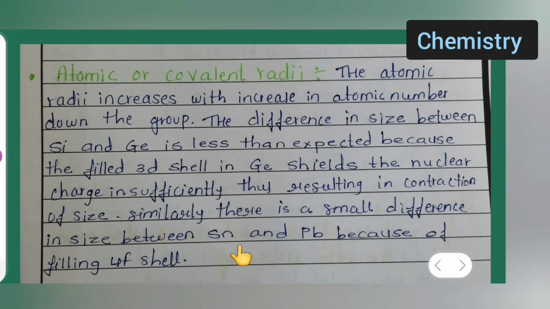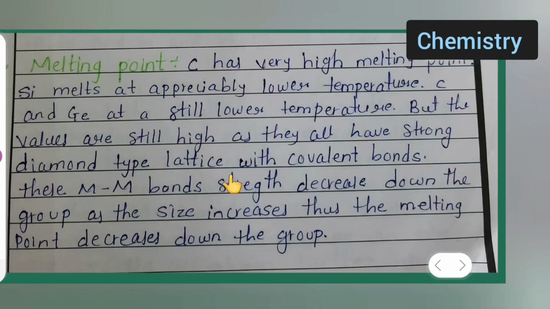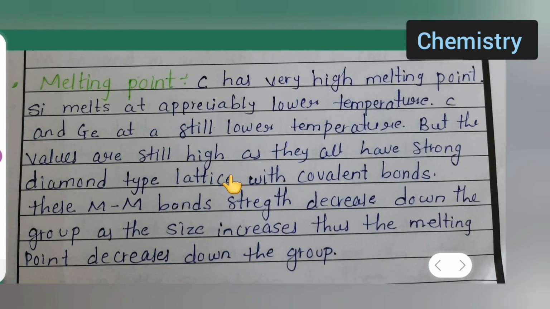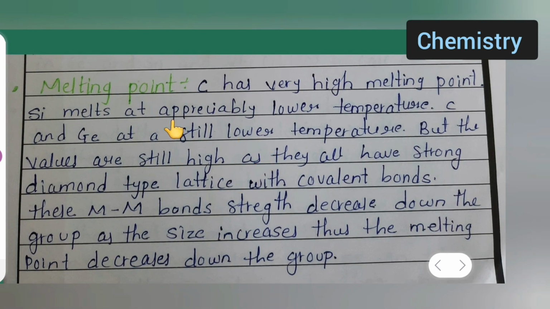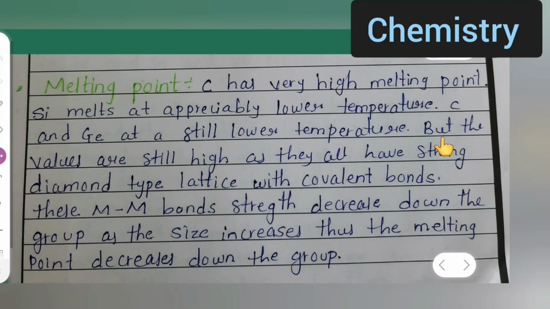Moving towards the next page, that is melting point. Let us see the melting point. Carbon has very high melting point. Silicon melts at appreciably lower temperature, and germanium at a still lower temperature, but the values are still high as they all have strong diamond type lattice with covalent bonds.